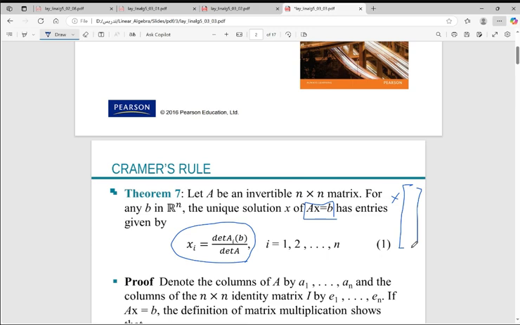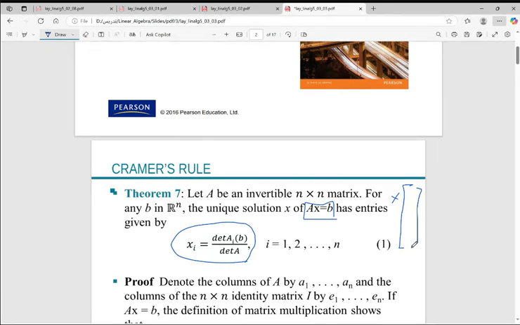Each entry i, like xi, of this vector is computed using equation 1, using determinant of AiB over determinant of A. xi is the entry i of vector x, and vector x is the solution of the system Ax equals b. Is this clear to you?